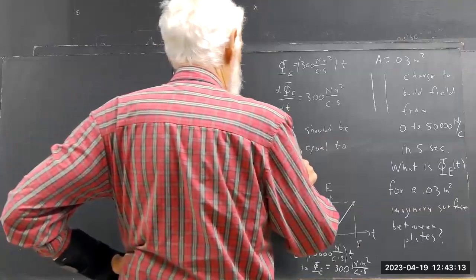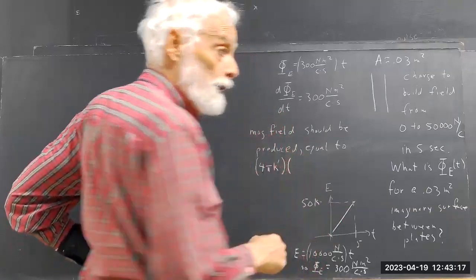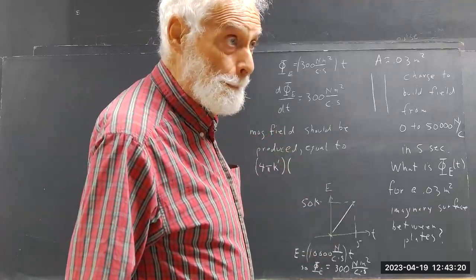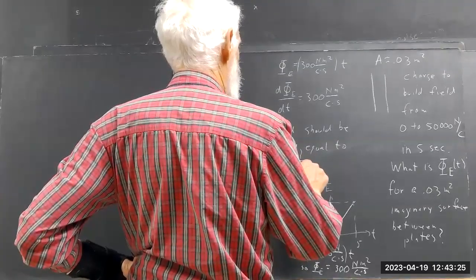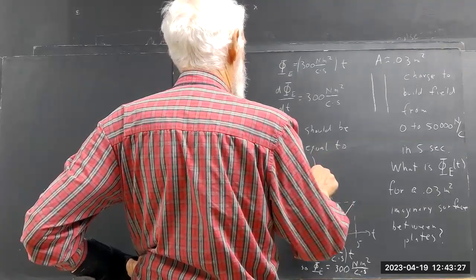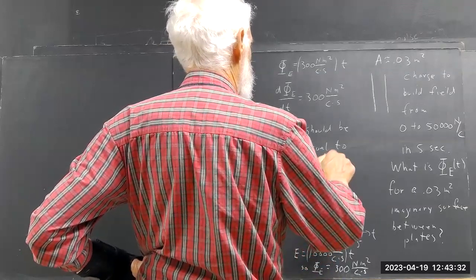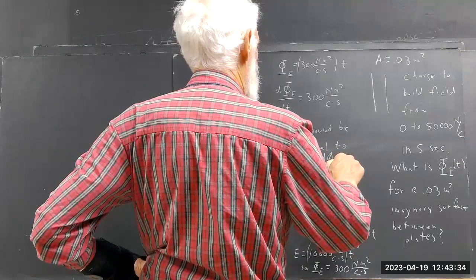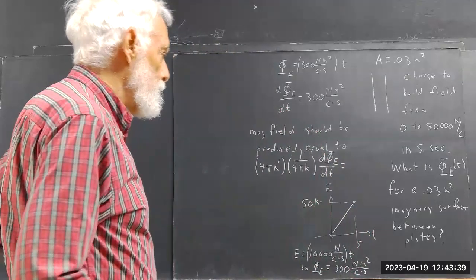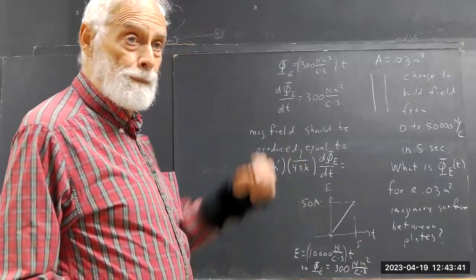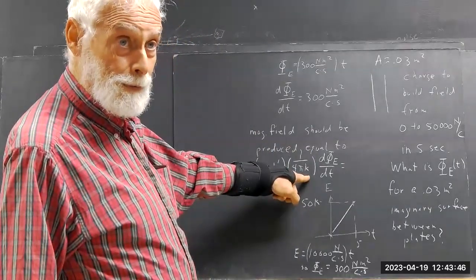And epsilon naught, which is 1 over 4 pi k, right? Times d phi E over dt. Okay. Remember, k is like 9 times 10 to the 9th.